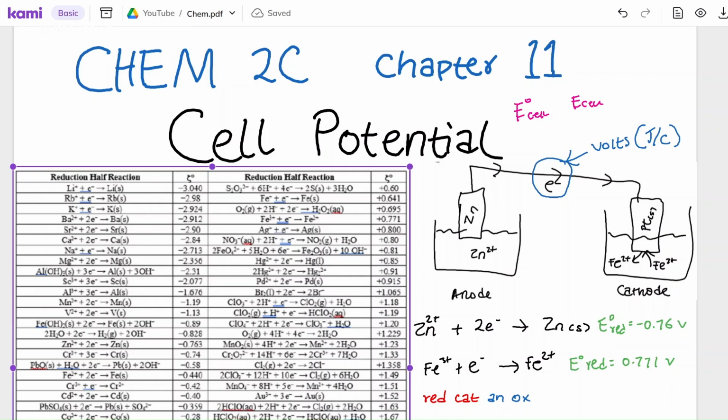But for this, remember how earlier I said the transfer of electrons in a galvanic cell is basically electricity. That electricity transfer can be measured, and cell potential is how we measure it. Galvanic cells are usually spontaneous.